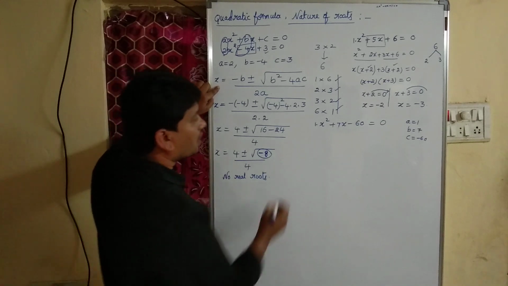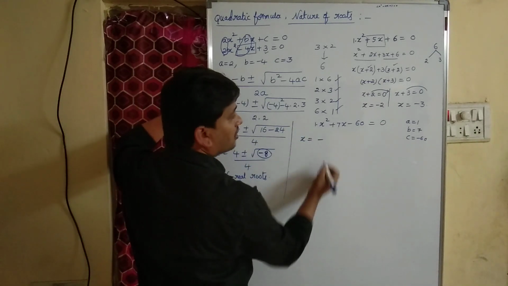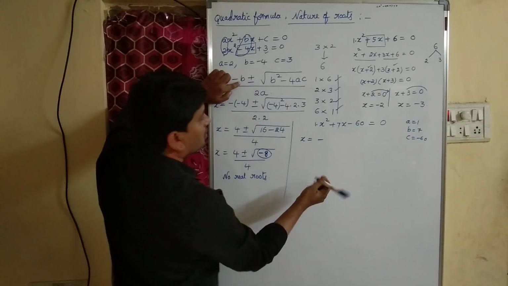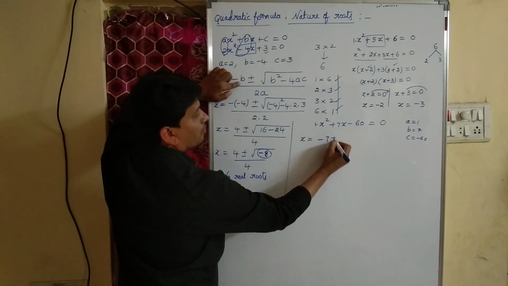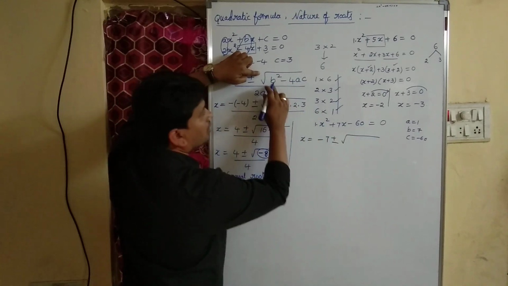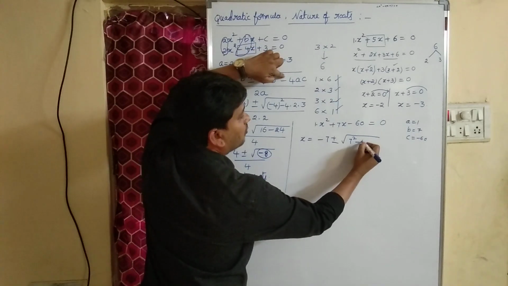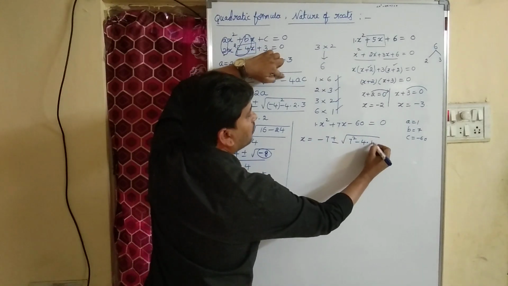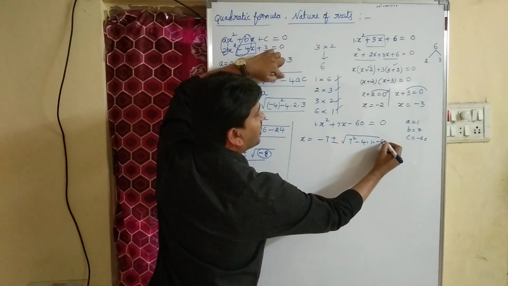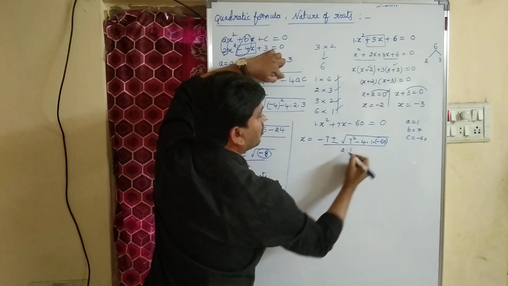What is quadratic formula? X equal to minus b value, how much, children? B value is 7 plus or minus root over b square, means 7 square minus 4 into a value 1 and c value -60 by 2 into 1.